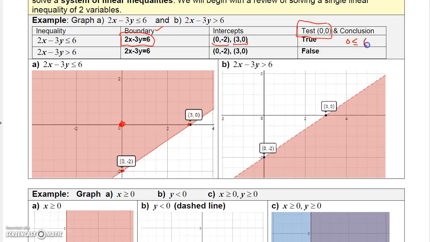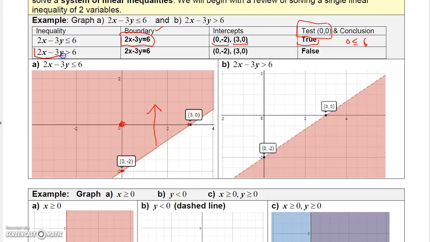And then you just say, is that true or false? Well, that's true. So when your test point gives you a true statement, that's the side you're going to shade. So you can see that I've shaded everything on the same side as the test point. So that means all of these points over here will make that inequality true. And remember, that also includes all the points on this boundary line as well.